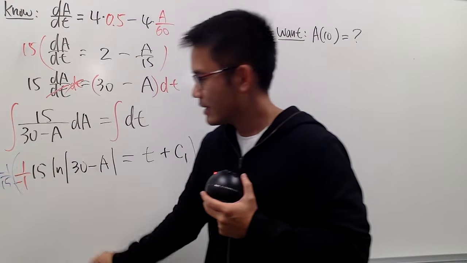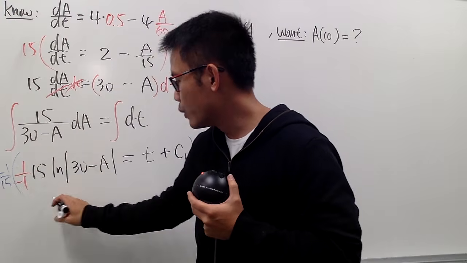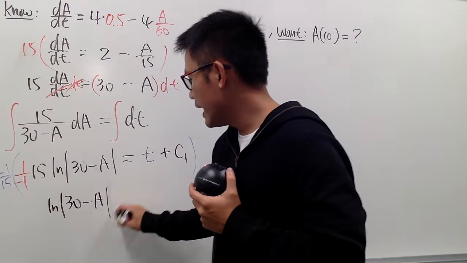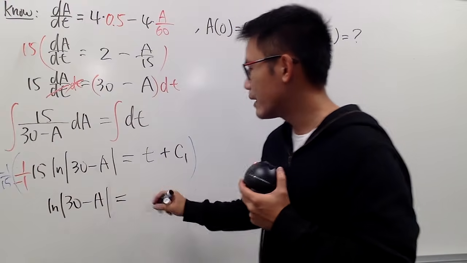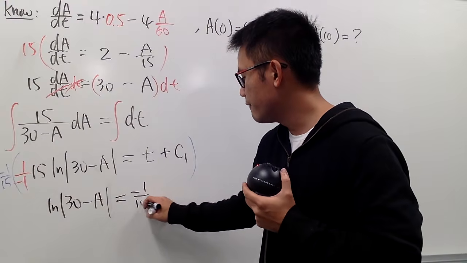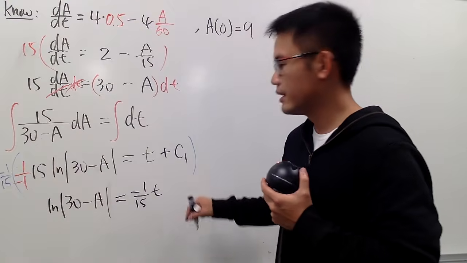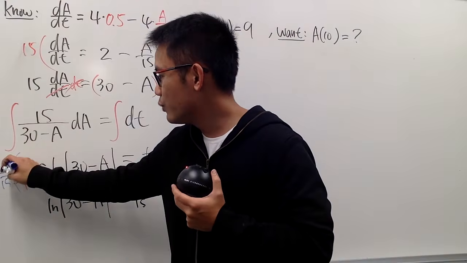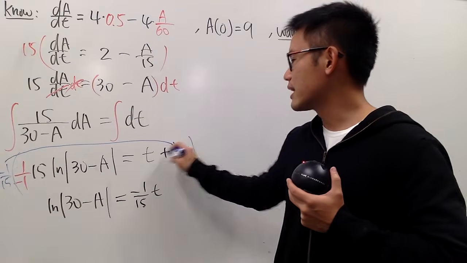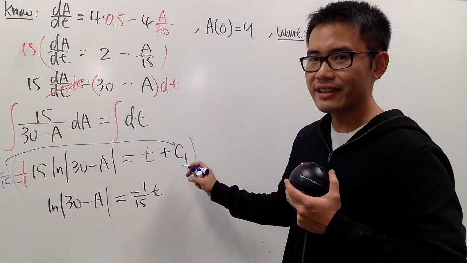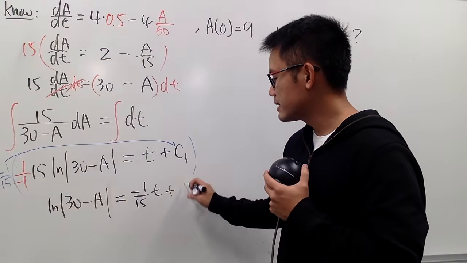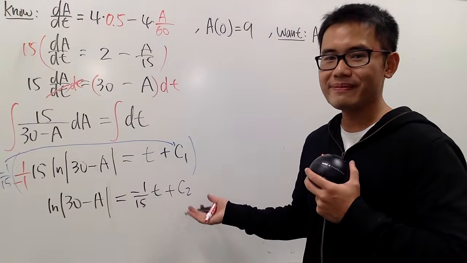This and that will cancel, and we will just have ln, absolute value, 30 minus a, and this is equal to negative 1 over 15 times t. And here is the best part. When we do negative 1 over 15, which is a constant, times another constant, it is still a constant. Let's write this down as plus c2.